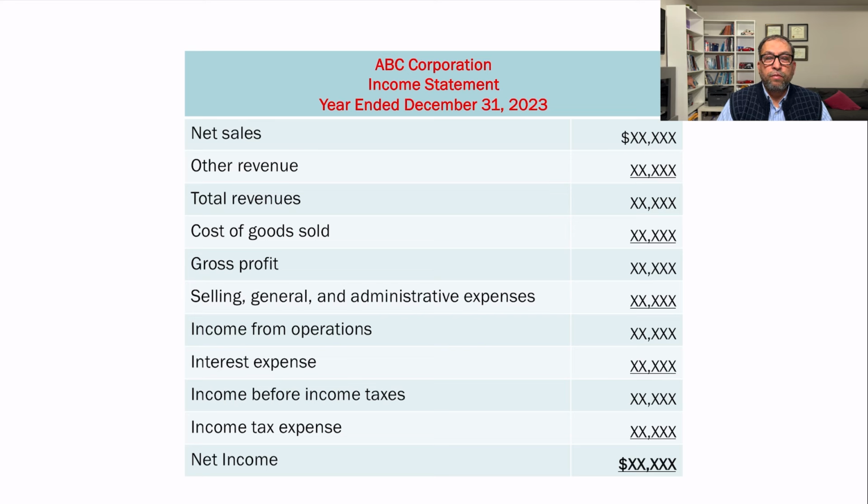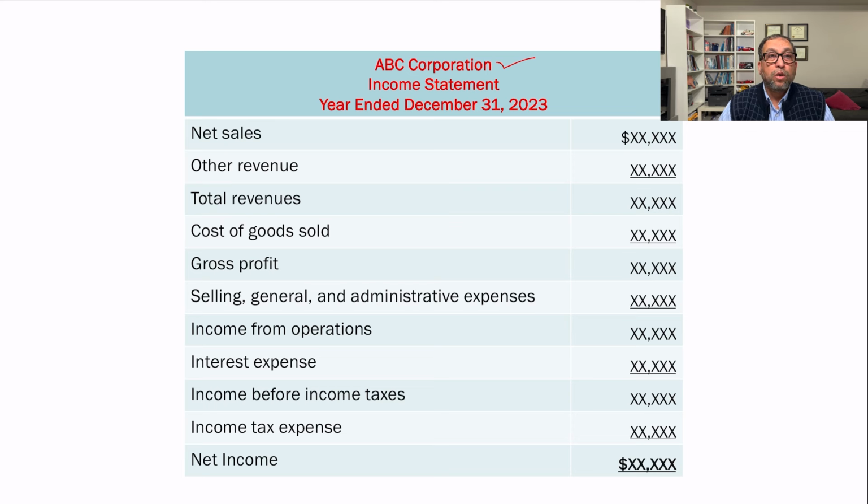This is very standard, and I want you to understand that for every accounting statement, on top of the statement, you have to write three things. One is the name of the corporation. Here we just generalized it, and we might mention it as ABC Corporation, or it can be any business name.